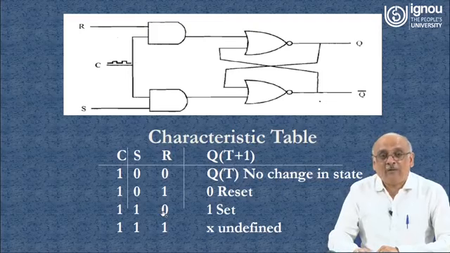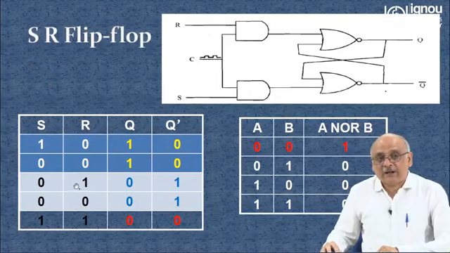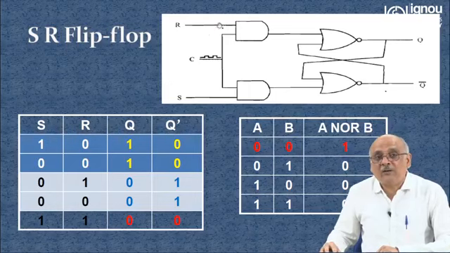Alright, now let's look into the reset state. So this is the state for the reset. What happens? R goes to 1 in this particular case and the clock pulse occurs. So the output of this AND gate is 1. So irrespective of this input, what is going to happen? Q will become 0.